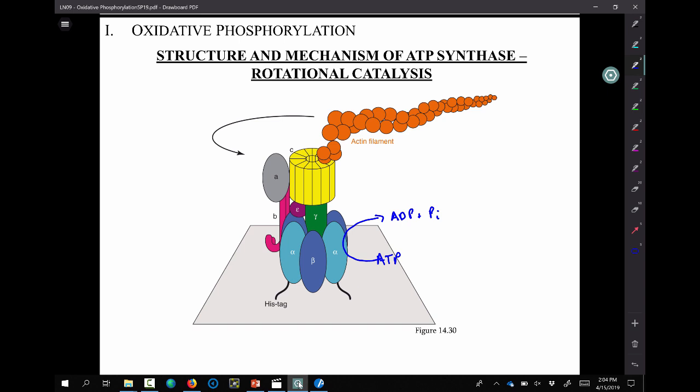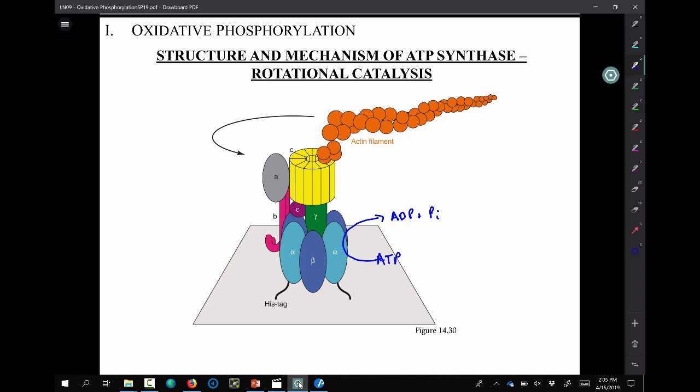The reason they wanted to do this is because in an experimental setting, it's very difficult to set up proton gradients, because you require intact membranes, and that's a very difficult thing to do. This is a lot more elegant and a lot simpler to do.